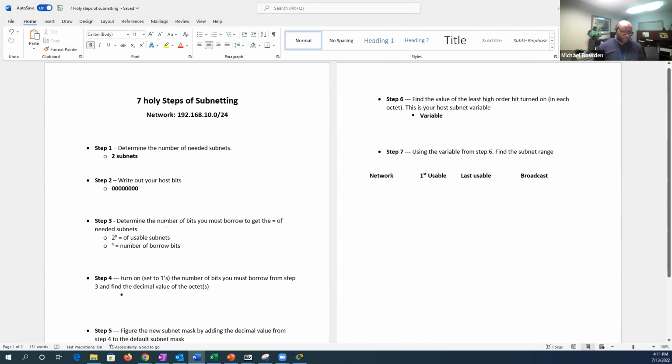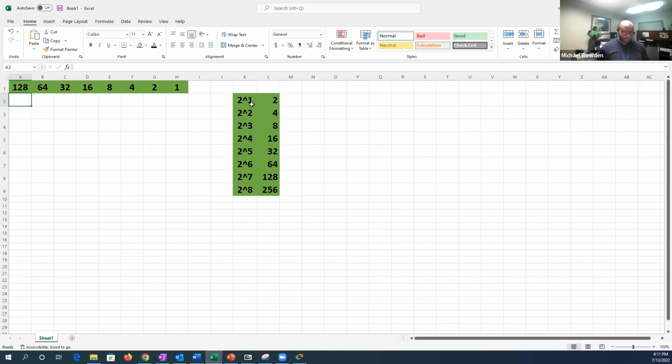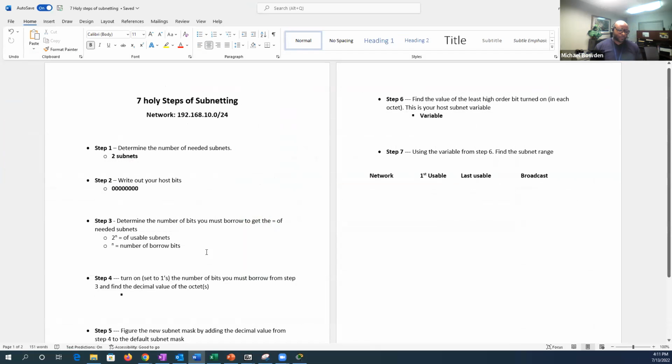I always use this chart, the powers of 2. If I wanted to create 2 subnets, I need to borrow 1 bit, and that gives me 2 subnets. So 2 to the power of 1, where 1 takes the place of n, gives me 2. So we need to borrow 1 bit here.